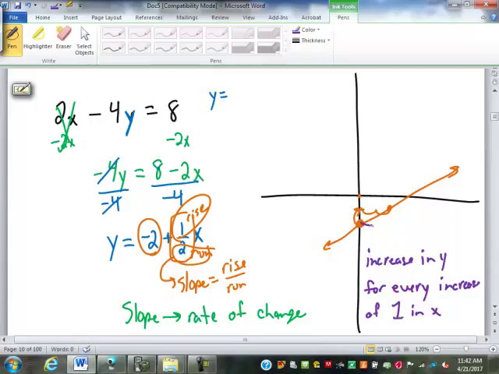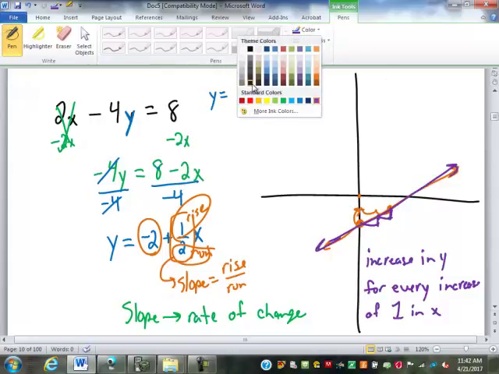So x goes over 1. The slope of 1/2 means we go up half a unit. The x goes over 1 again, the y goes up a half. So that's another way of thinking about that 1/2 slope. It gives us the same line on the graph either way.